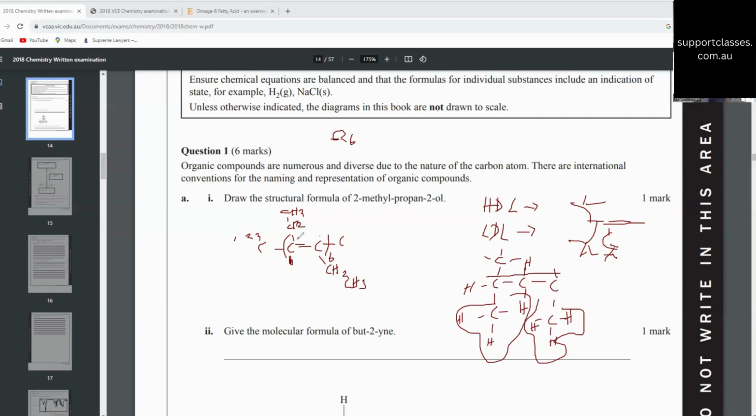Counting starts from COOH, because a fatty acid has COOH. So this is the first carbon, starting from that one. Got it? I think it is clear for you now.